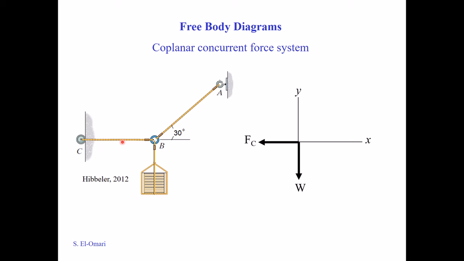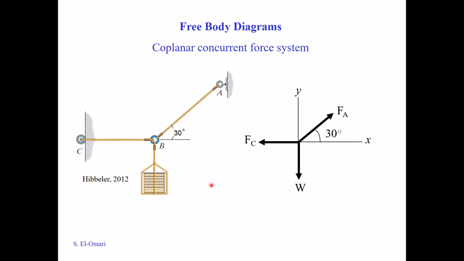We can call it FC or FBC or BC, whatever you like, and then finally the force FA. It's important to give all information that will help in the calculations, which in this case means the angle 30 has to be given also. So this is a simple coplanar concurrent force system problem. We won't go into the calculations, just drawing the free body diagram.